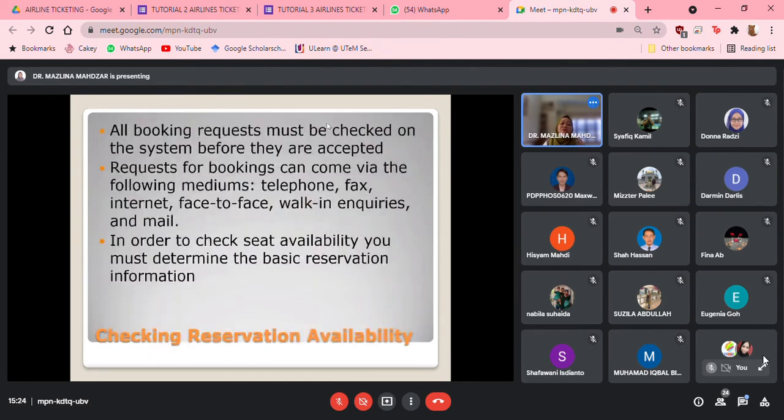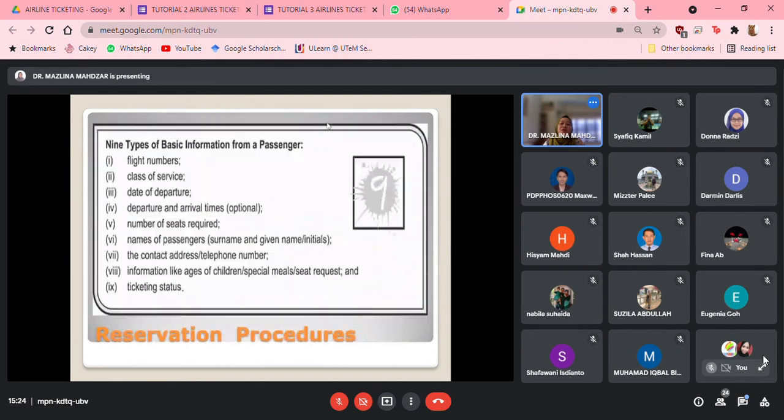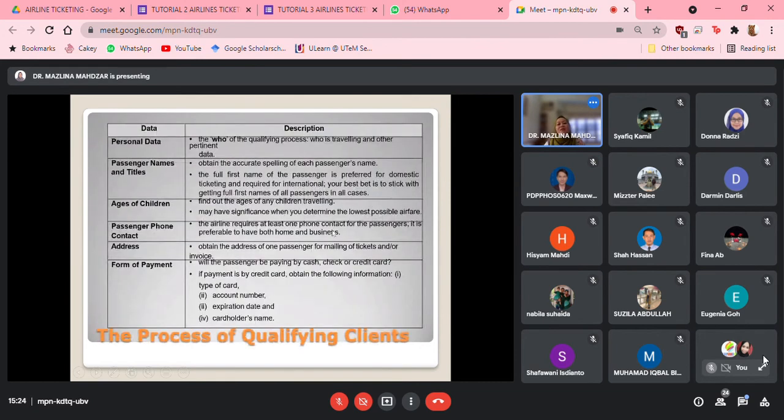So these are the things, 9 tu yang tadi kita dah belajar, antara benda-benda yang perlu you dapatkan before you are able to proceed doing the reservation. So these are 9 reservation procedures, the information that you need to get beforehand before you do the reservation, and these are all the qualifying clients process of how getting that information, then the description.